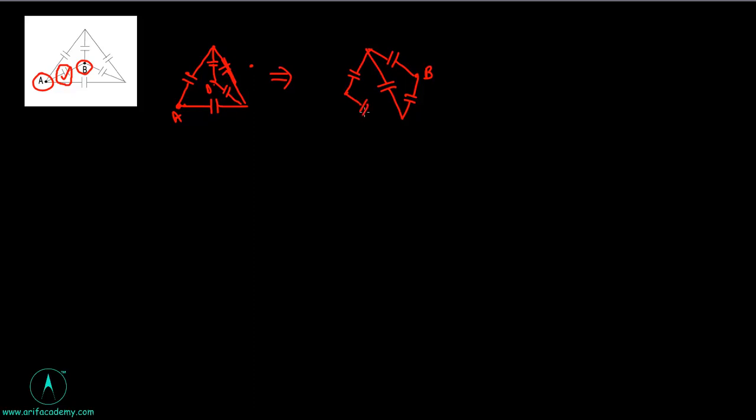It looks like a balanced Wheatstone bridge. And as I have removed this particular capacitor earlier, now I can connect it between point A and B. So this becomes much easier.